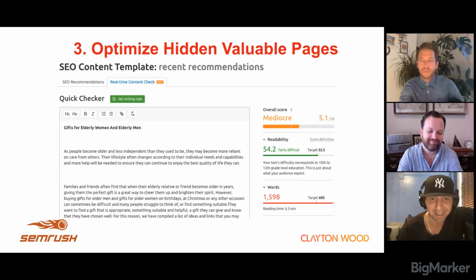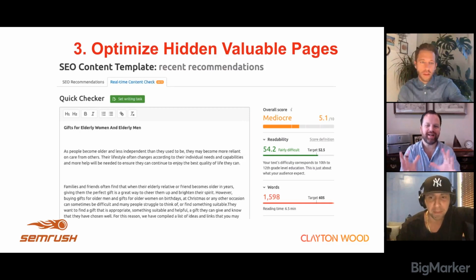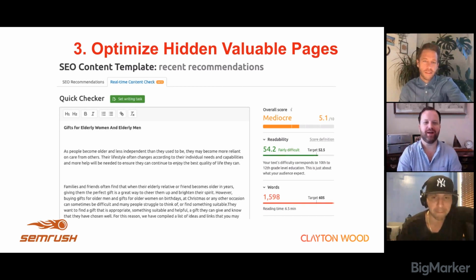But you should never be going into your content production without something that assesses how readable this is, how on par am I with the keyword that I'm looking to hit, et cetera. So it's a great additional benefit to Semrush if you're already a customer. Absolutely. So take those hidden gem keywords that we just talked about, and when you go to write content about them, do it here or check it here and see what they say.